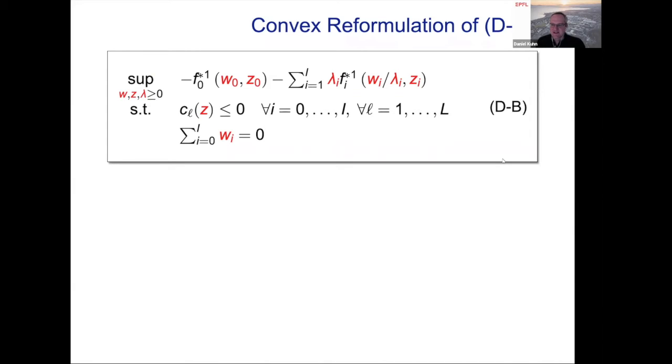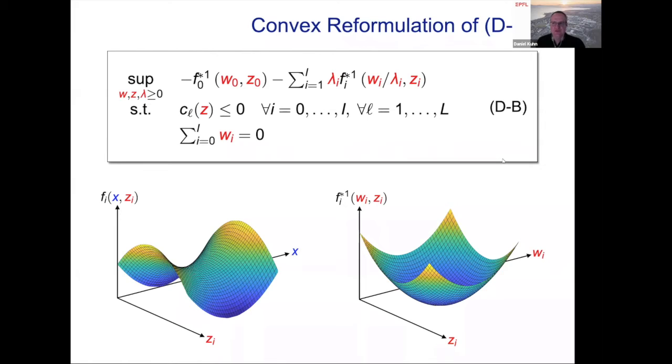Okay, so I would like to return to the dual best problem, which is the dual of the robust optimization problem that we studied so far. And the conditions on the uncertainty set and the constraint functions also imply that the dual best problem is equivalent to a simple convex optimization problem. To see this, recall first that the dual best problem involves the conjugates of the objective and constraint functions f_i with respect to the decision variables x.